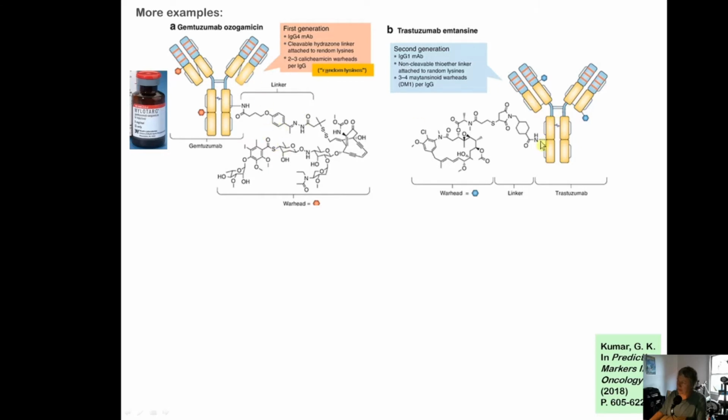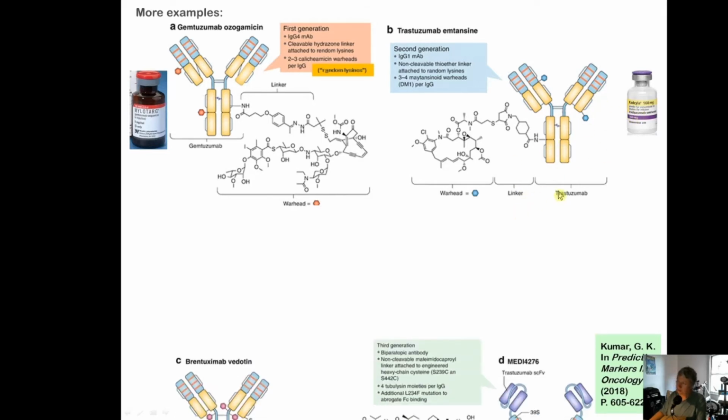This does the same thing. It's attached at random lysines. So you see the nitrogen linker, and that's how you know it's a lysine-linked ADC. Okay. And this is also, I think it's Kadcyla. It's another antibody-drug conjugate that's commercially available.